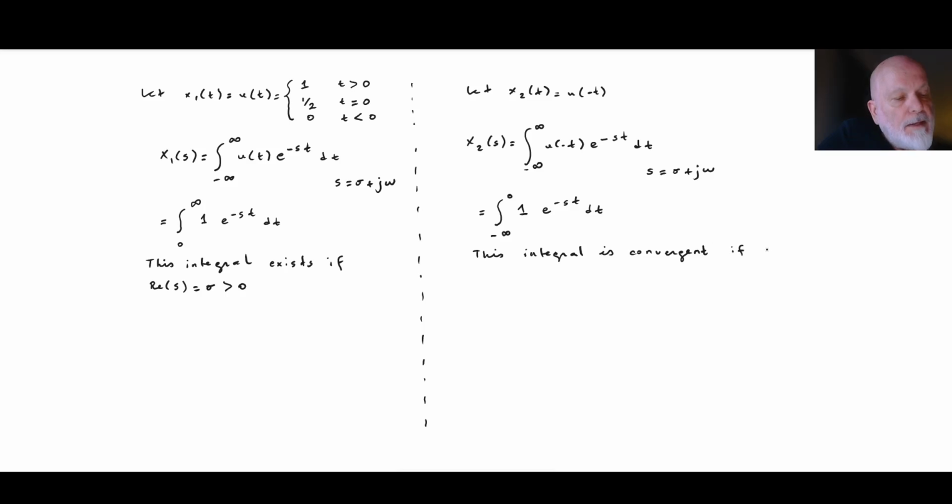If real part of s is negative now in this case, because if real part of s is negative, then the exponent will have a positive exponent, e to sigma t. E to minus sigma t will, minus sigma will be positive, in other words.